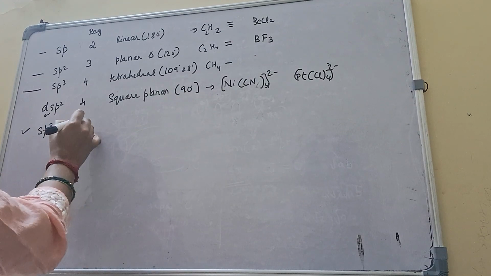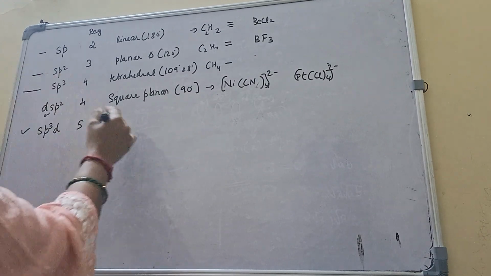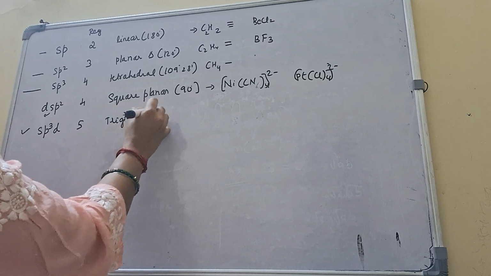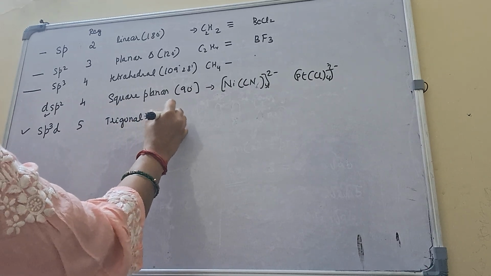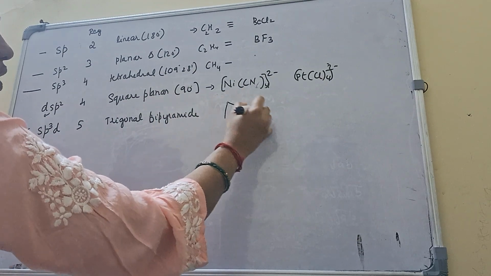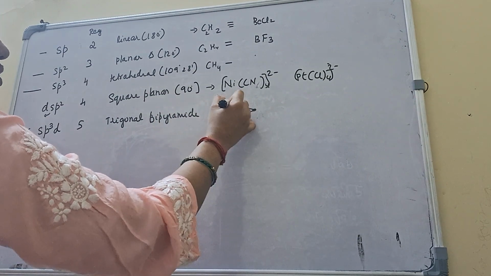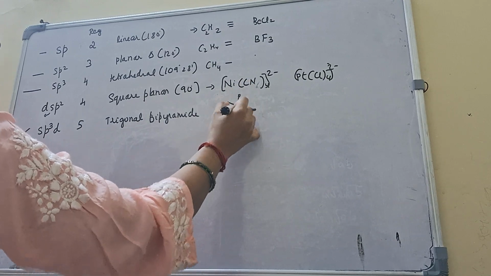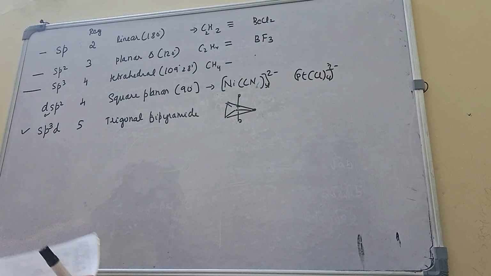This region is 5, and if it is 5, you already know it is going to be trigonal bipyramidal. It's something like this, right? Trigonal, central atom, 3 atoms, one on top, one on bottom. The angle here is going to be 120 and here it is 90.